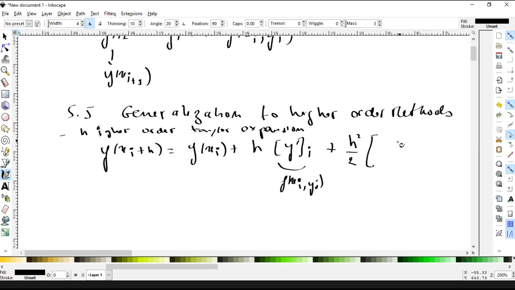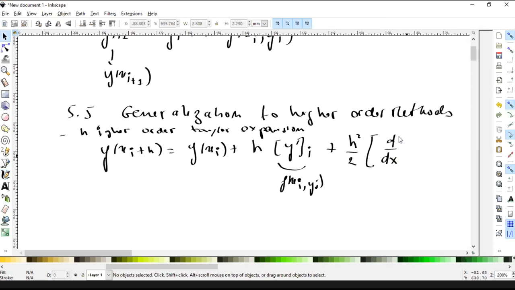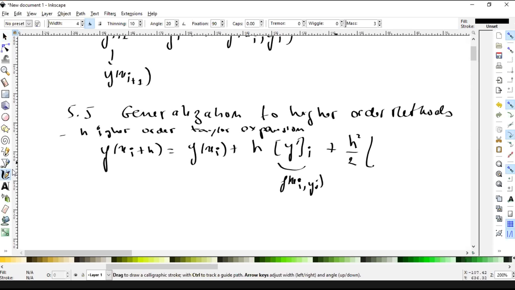Okay, so d over dx, the second derivative, so I'll put here y second, which is y second at i.